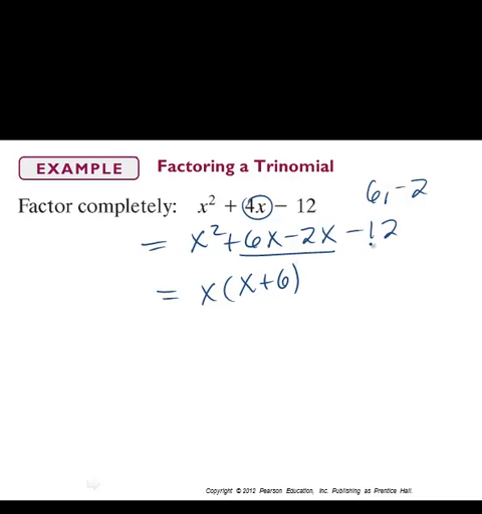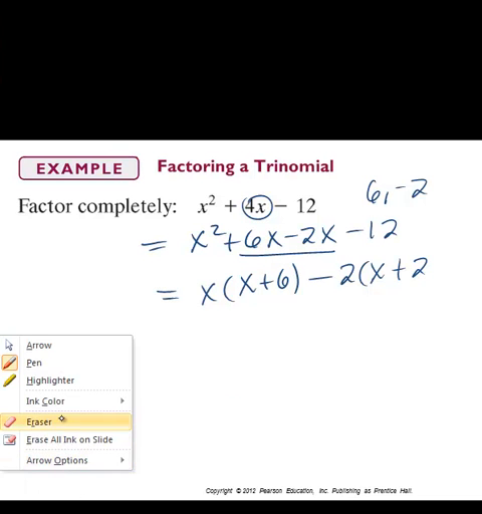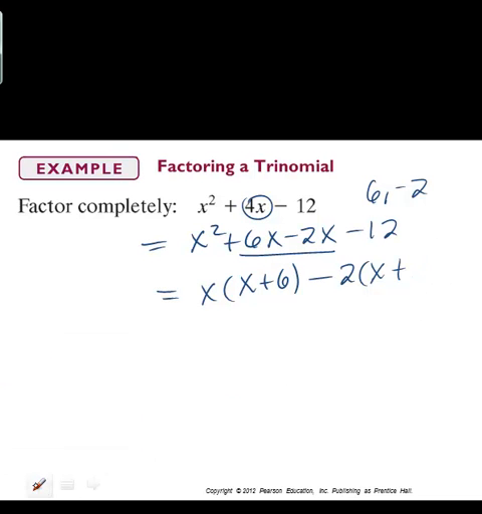And then you notice the minus 2x minus 12, factor out a minus 2. And that gives us x plus 6 as well. So factor out that common x plus 6, leaving you with x and minus 2. And boom, there's the factorization.